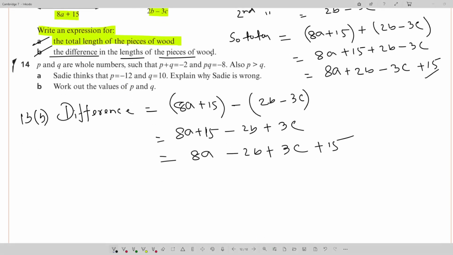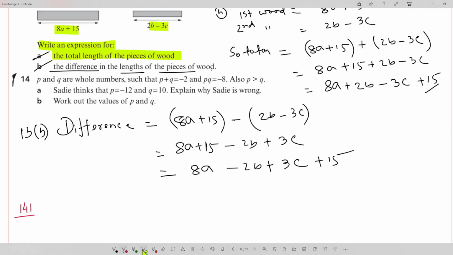Number 14. Number 14 mentioned P and Q are whole numbers such that P plus Q equals minus 2 and PQ, once multiplied, becomes minus 8, and also P is greater than Q. Look, here needs a correction.